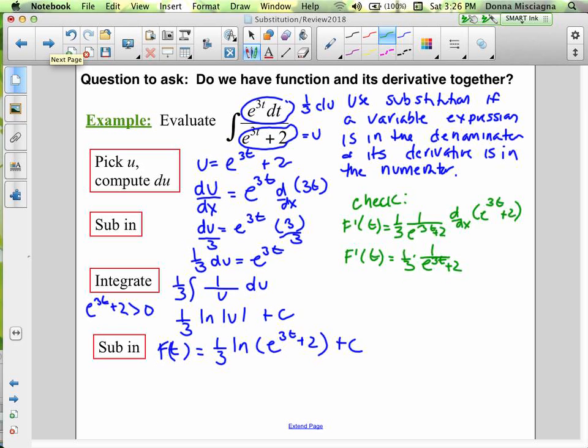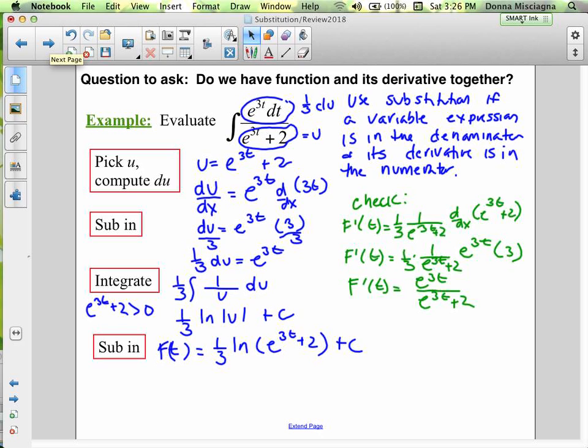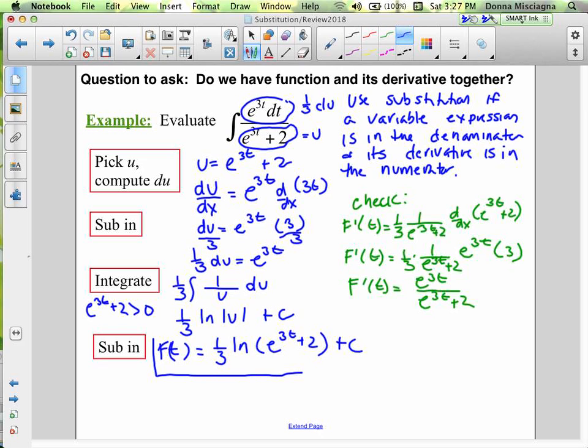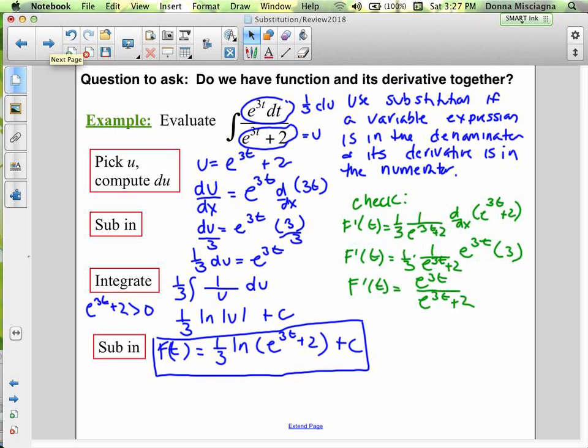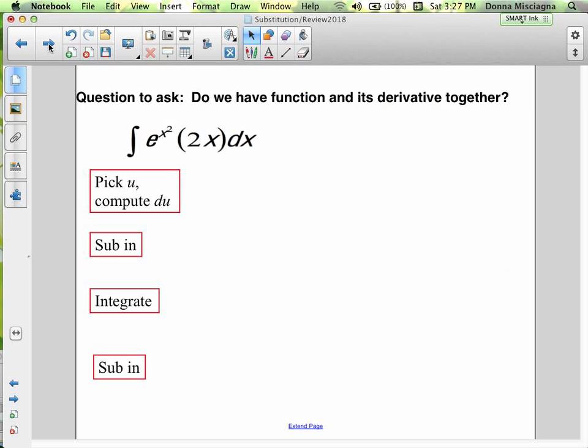And then the derivative of e to the 3t plus 2 is e to the 3t times the derivative of the 3t part, so times 3. The 1/3 and the 3 cancel. So then f prime of t equals e to the 3t over e to the 3t plus 2. And there we go. You can see it matches what we get after we integrated. And so to me, it's like a little puzzle, just kind of undoing everything using substitution.